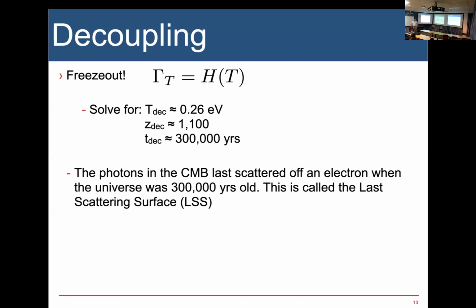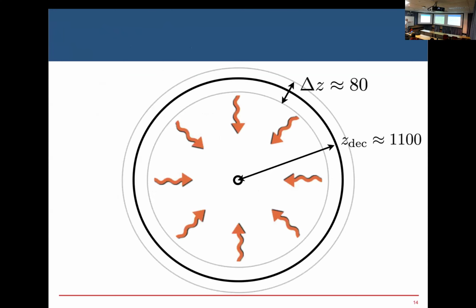So the picture of this sort of inside-out star is here we are at the center. There's a redshift out there back in time, a long way away, of a redshift of about 1,000 where the light last scattered, although it's not a perfectly quick process, so the size of that region is about 80 in redshift.